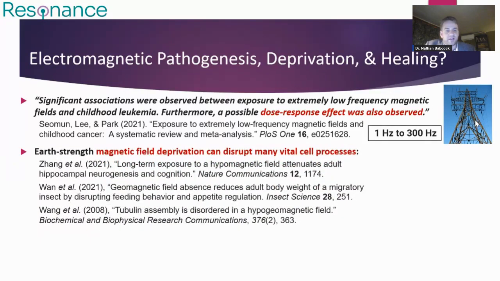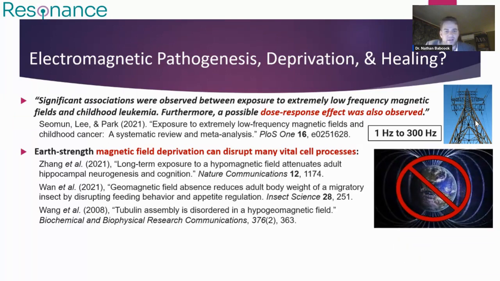Earth-strength magnetic fields do appear to be important for health and vitality, though. The deprivation of an organism from the Earth's magnetic field, if we actually shield an organism from the healthy, natural magnetic field of the Earth, can cause potentially damage, or certainly can reduce neurogenesis and cognition.